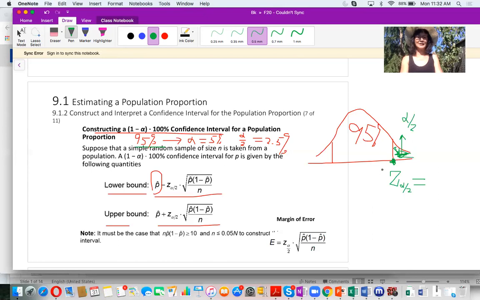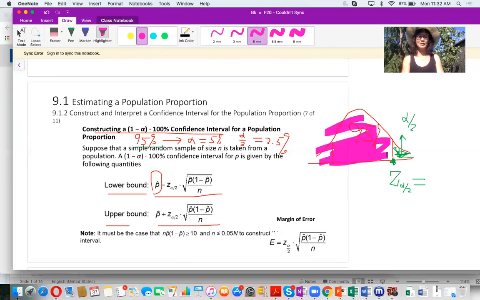Okay, from last lecture, you can use the table or you can use Excel. And remember, either the table or Excel, the value you get is based on the area to the left.